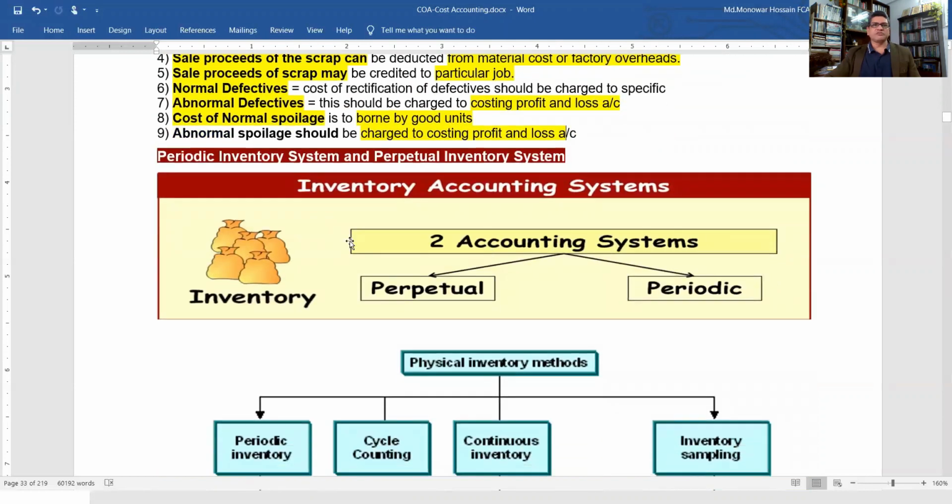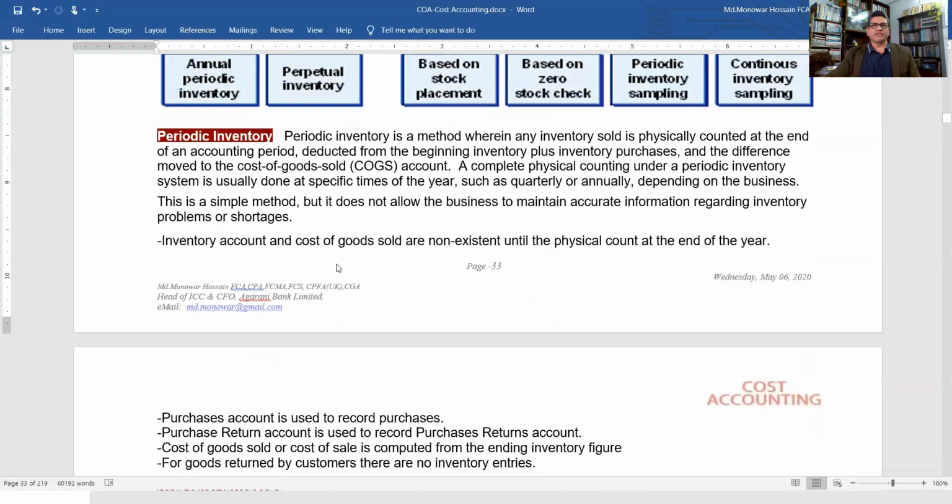Now, periodic inventory and perpetual inventory. In inventory accounting, we know two types: perpetual and periodic. Periodic inventory is a method in which inventory sold is computed from a physical count in the accounting period, deducted from the beginning inventory plus inventory purchases, and the difference is moved to the cost of goods sold account.